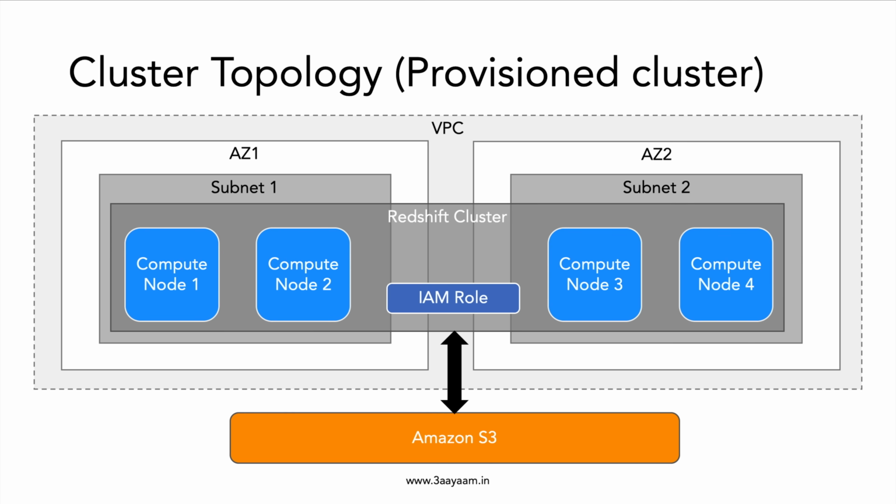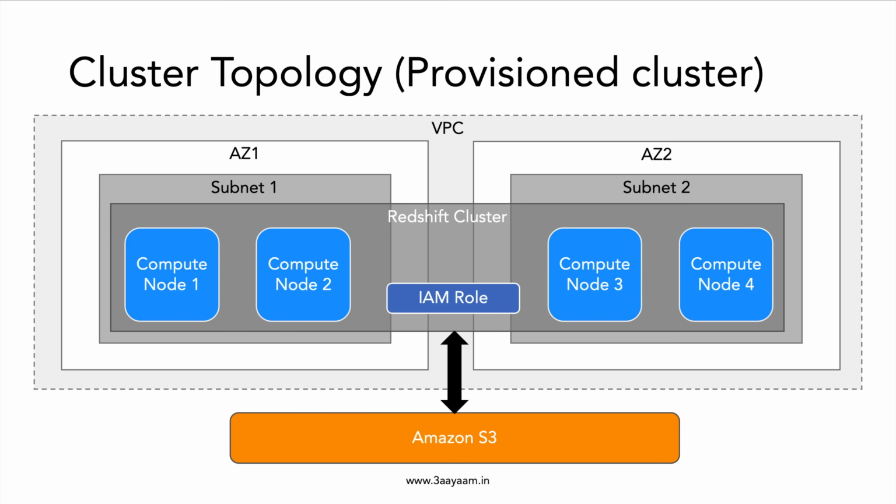We have VPCs, then we create one or more subnets in a single AZ, and then we launch a single AZ Redshift cluster by provisioning compute nodes only in one AZ. If you want to create a multi-AZ Redshift cluster, we provision compute nodes in multiple subnets across multiple AZs.